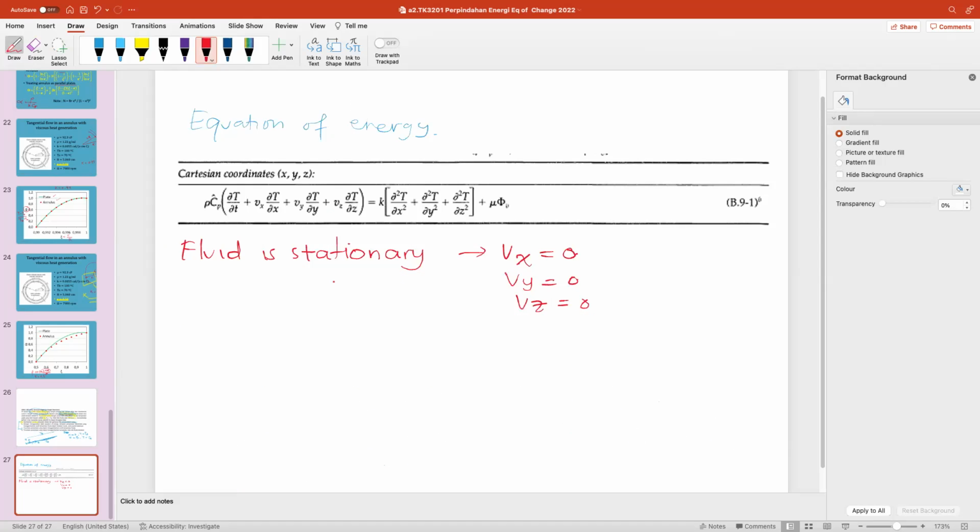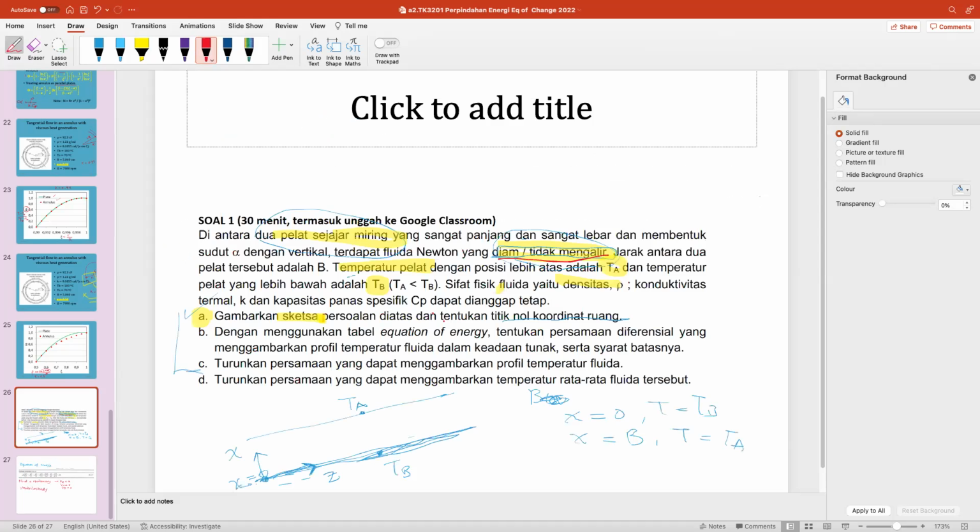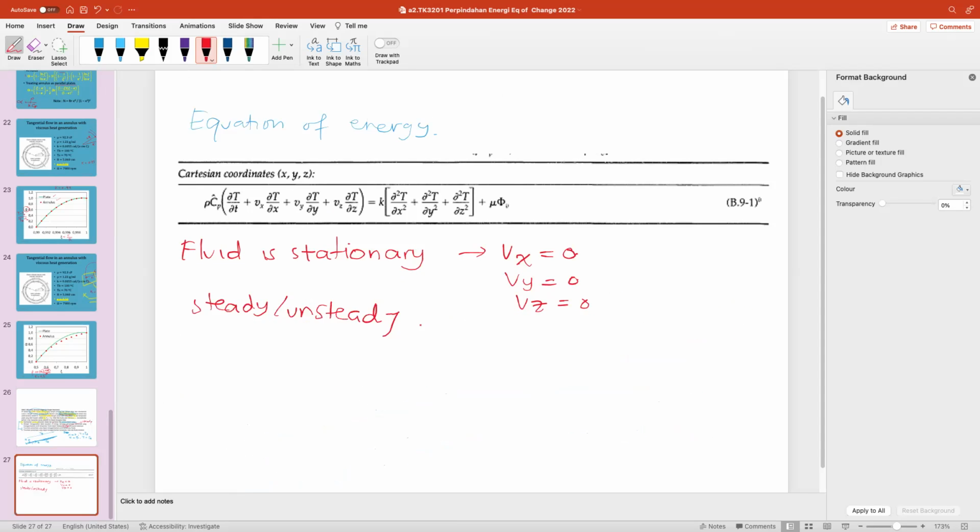The second clue is that there is a temperature, so we have to check whether temperature changes with time, whether it is steady or unsteady. If we look here, it is steady. So because it is steady, that means dT over dt equals 0.